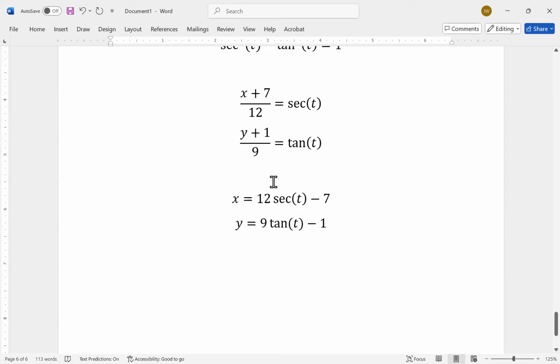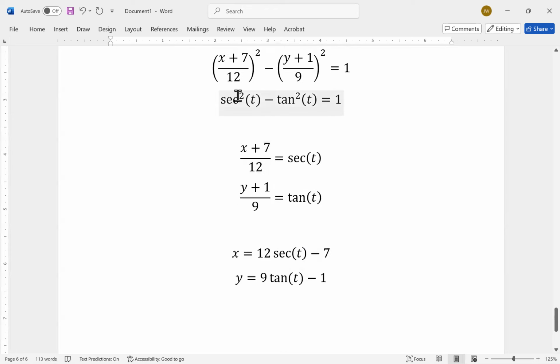Now you could have, I didn't say this, you could have used the negative secant instead of the positive secant. You could have used the negative tangent instead of the positive tangent, but traditionally people use the positive secant and the positive tangent when they set those up.